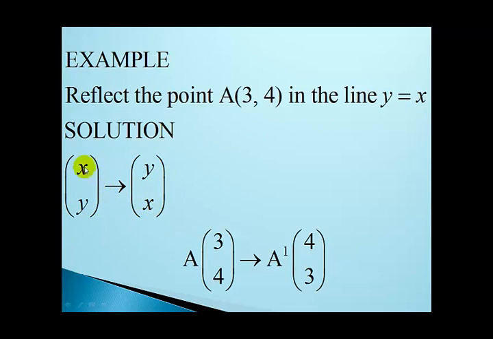Now, with the point A(3, 4), according to the rule, the image of A, that is A prime, will be (4, 3). That is 4 goes up and 3 comes down. The positions are interchanged. So A(3, 4) maps to A prime (4, 3). That is reflection in the line y equals x.